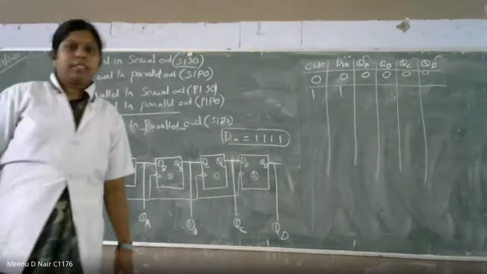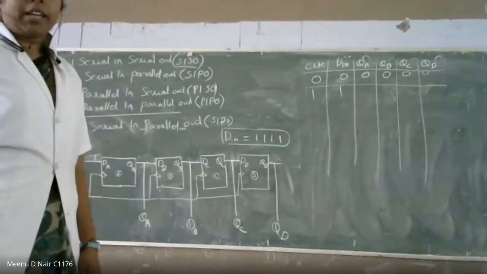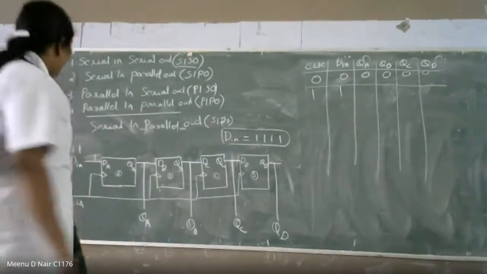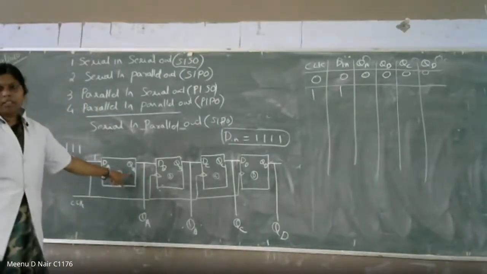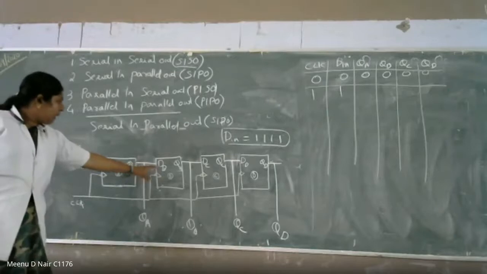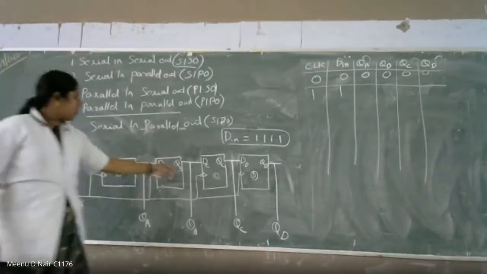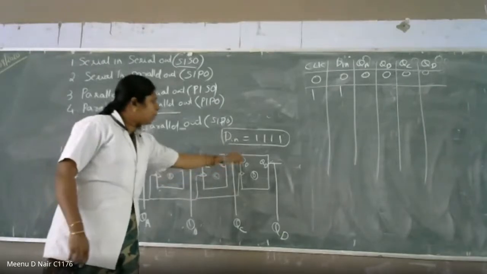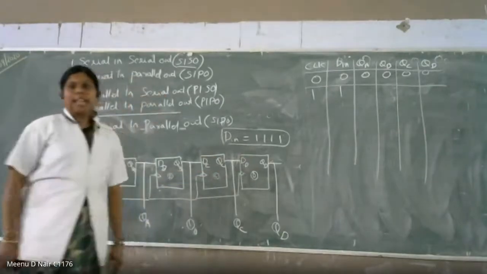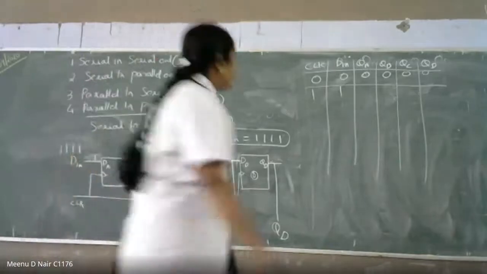Now your input is 1, so DA is 1, QA becomes 1. DB was 0 only, so QB is 0. DC was 0, so QC is 0. DD was 0, so QD is 0. So what is the answer? 1 0 0 0. Yeah, correct.